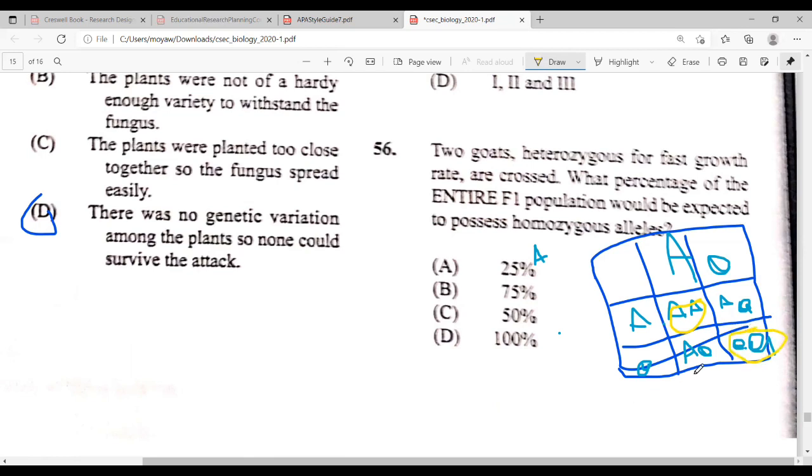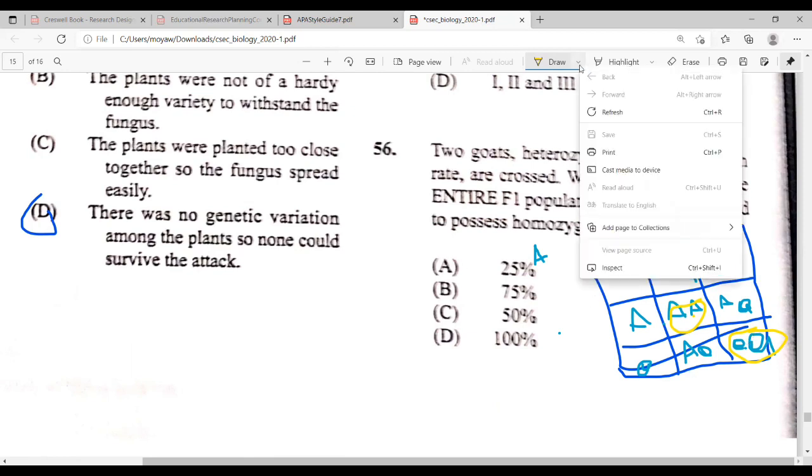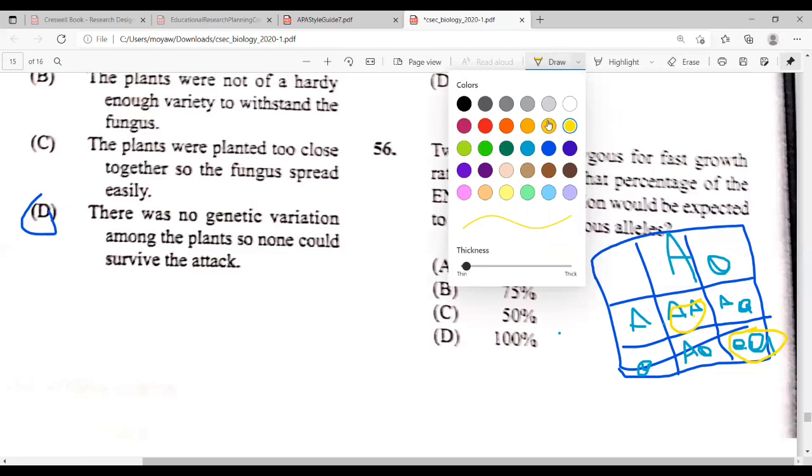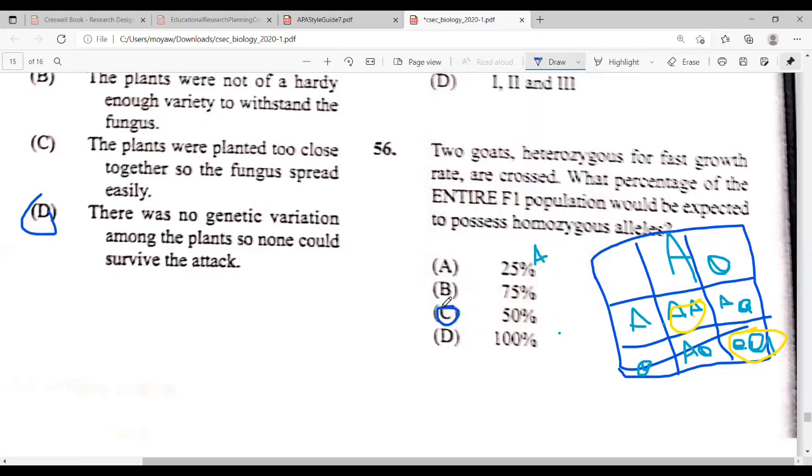So because we have 2 and it's 4, so remember from before, everybody's 25 here, 25 here, 25 here, 25 here. And we only have 2, so it's 25 plus 25, which is 50. So 50% of them would be homozygous. So let me just circle the 50.